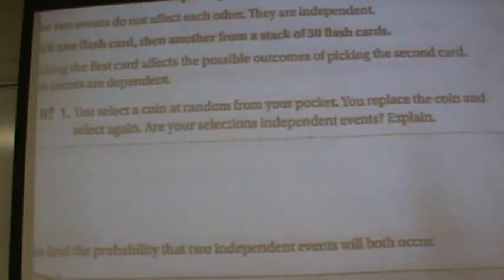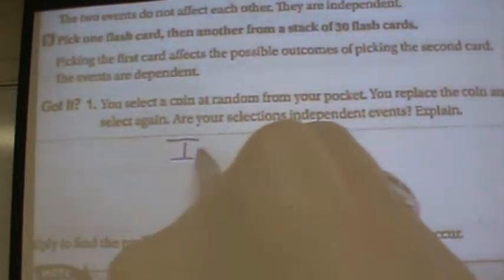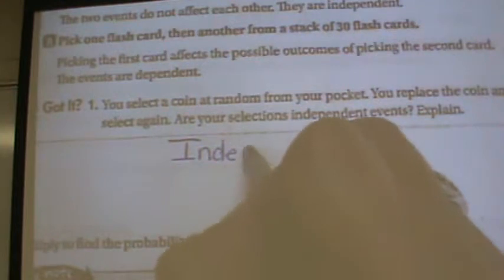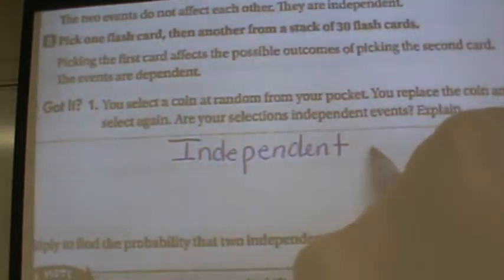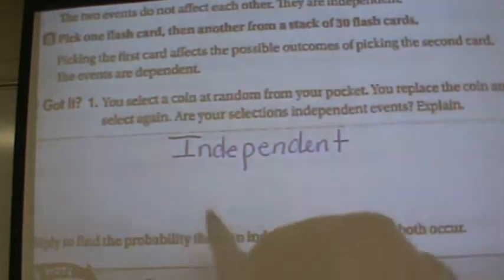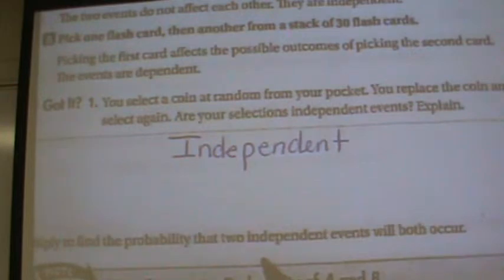If you replace that coin, does the second pick depend on the first? No, they're independent. So these two are independent events, because the number of coins is the same after you replaced it.